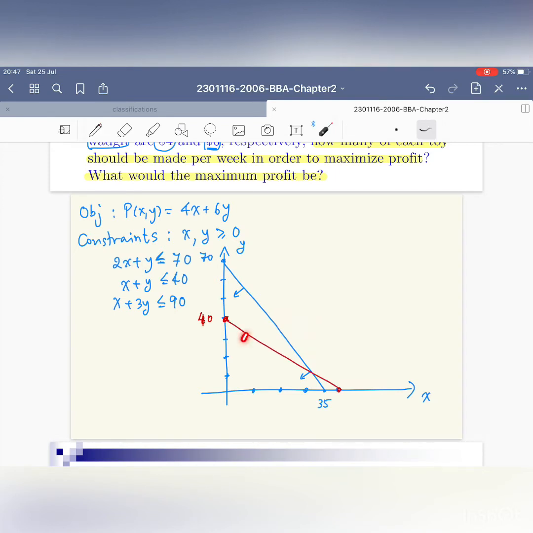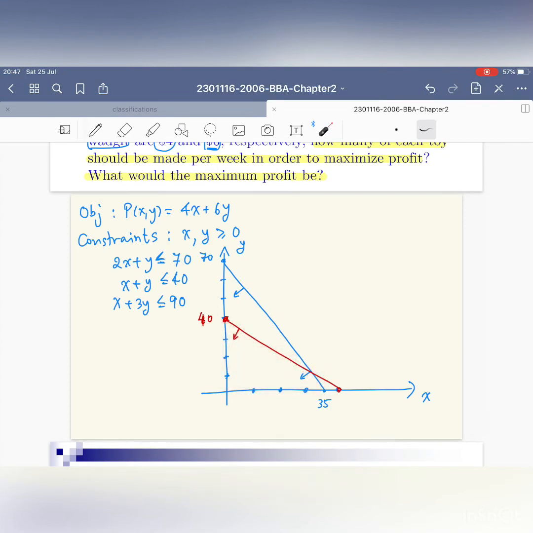Again, above and below, the below one has 0, and as you plug in 0, 0, you have 0 less than or equal to 40, which is okay. So it must include this particular origin. Okay, so it means that you are going to need the one below. So if you have only these two lines, the region under consideration will be this quadrilateral region, right?